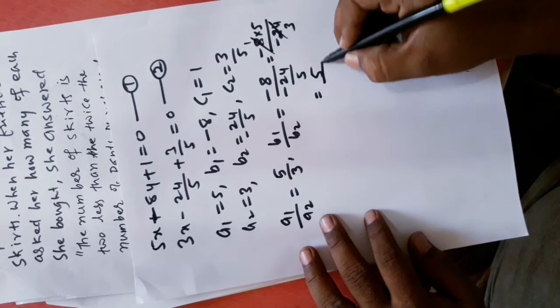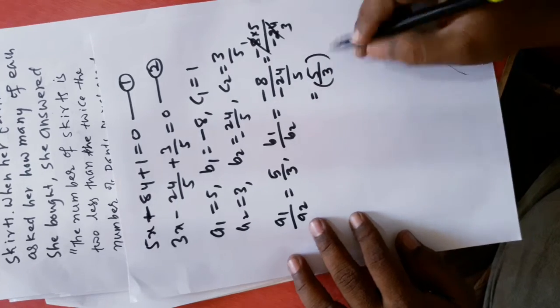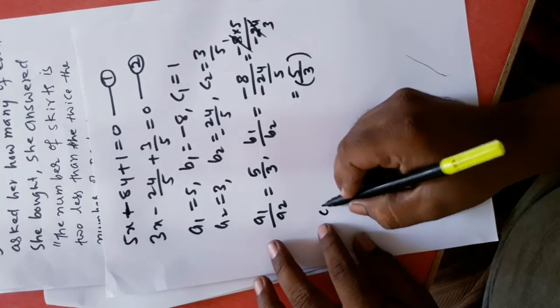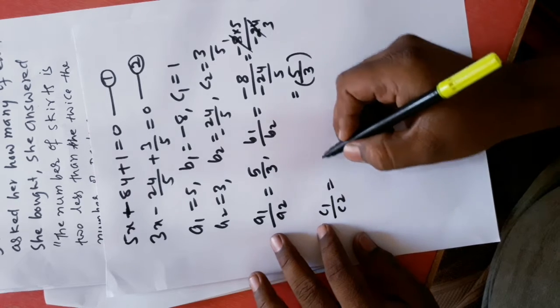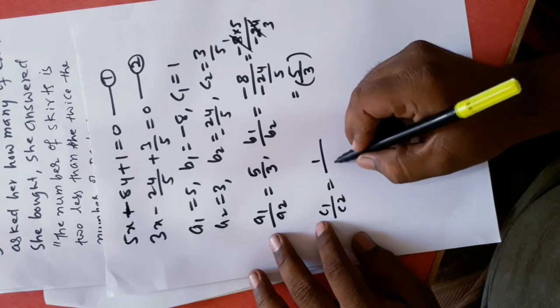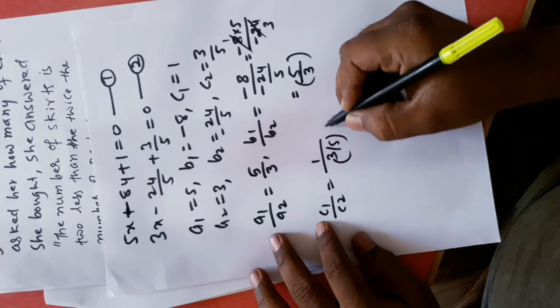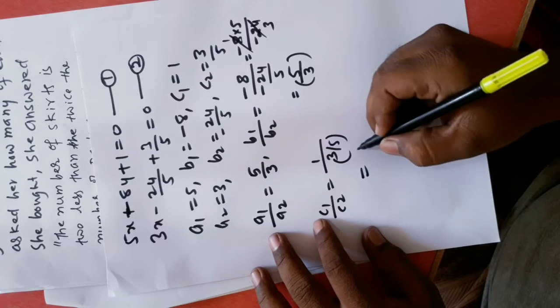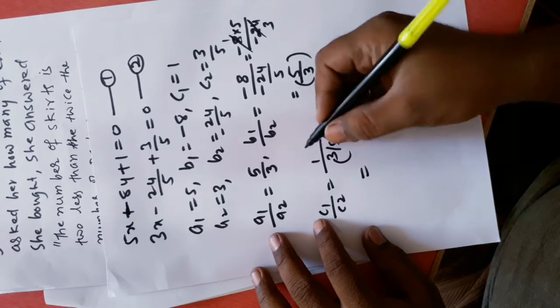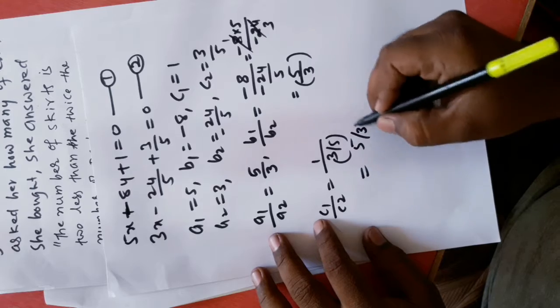This ratio is also equal to 5 by 3. Then C1 by C2 is 1 divided by 3 by 5, which is again 5 goes to the numerator, 5 by 3.